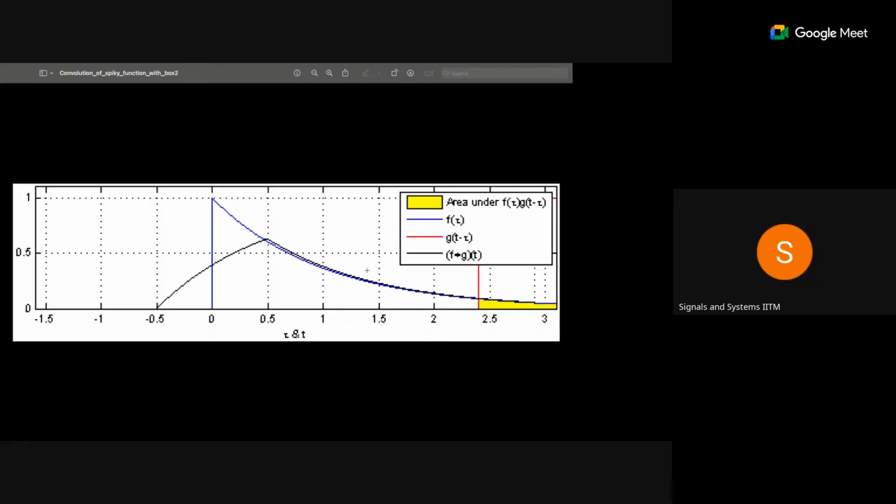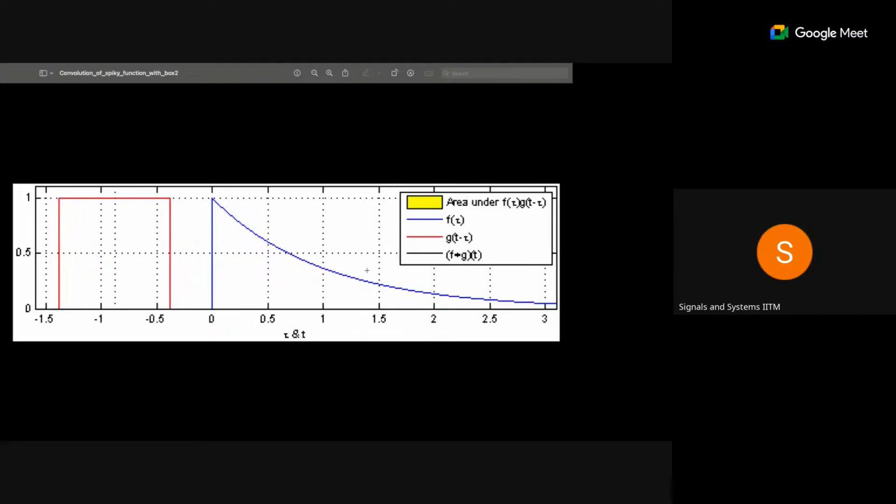You'll see that this is what convolution means. You keep one signal fixed, you take the other signal, reverse it, and shift it by some units. Or you reverse that signal and then run it from the leftmost corner to the rightmost corner.